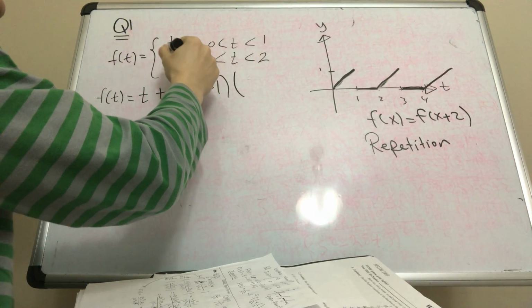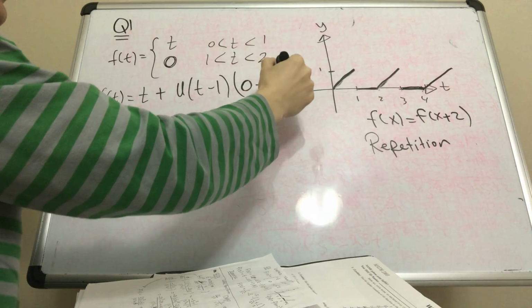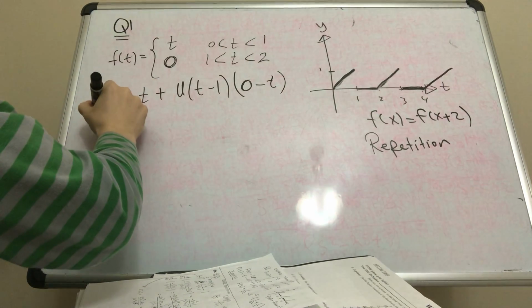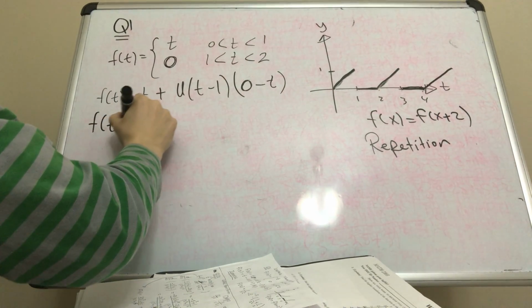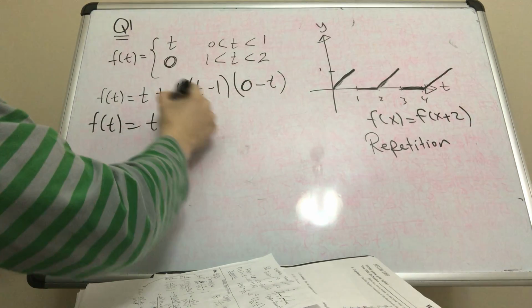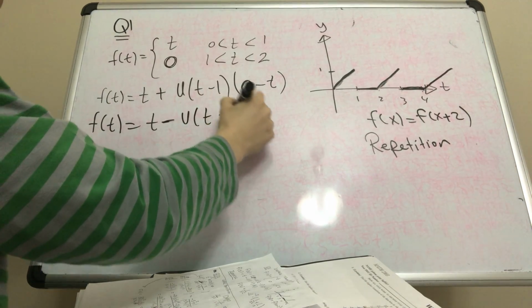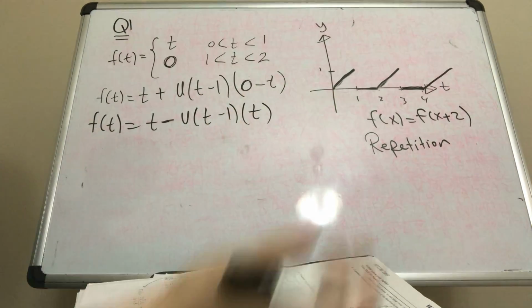And for the function, you say whatever this one is, minus the one before. So this is negative t. I can take the constant out. That leaves me with t.